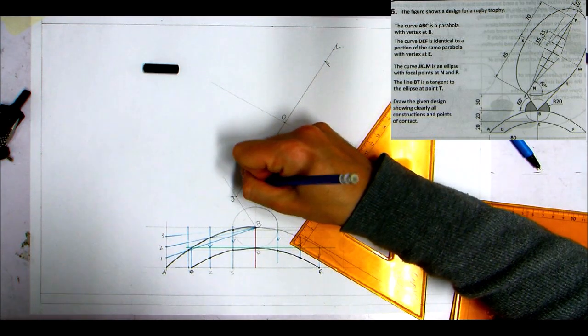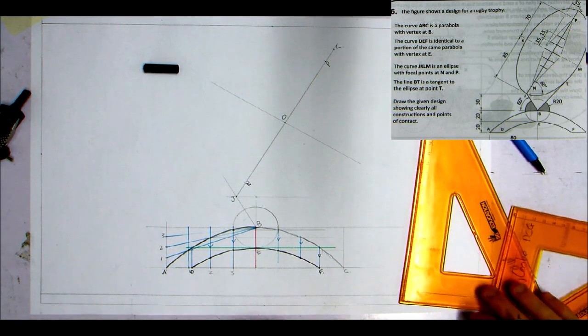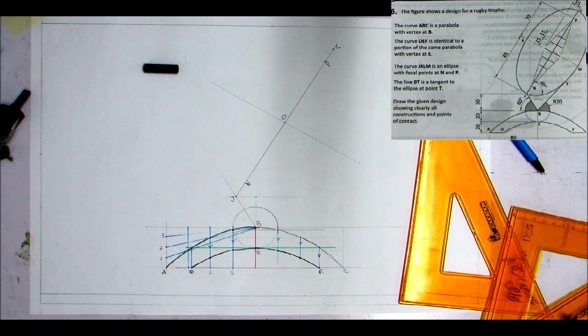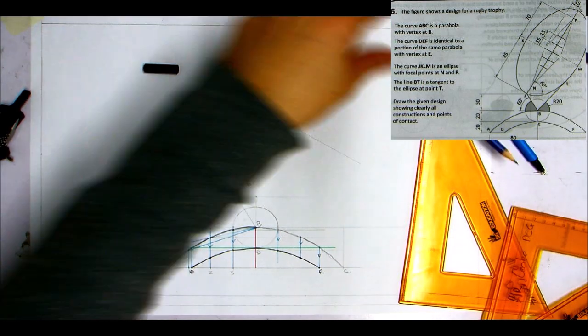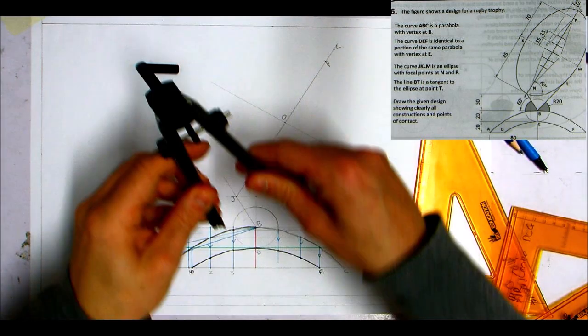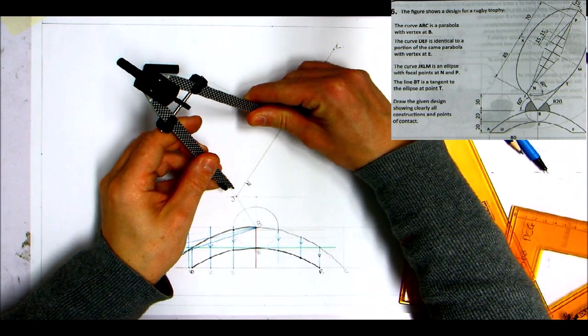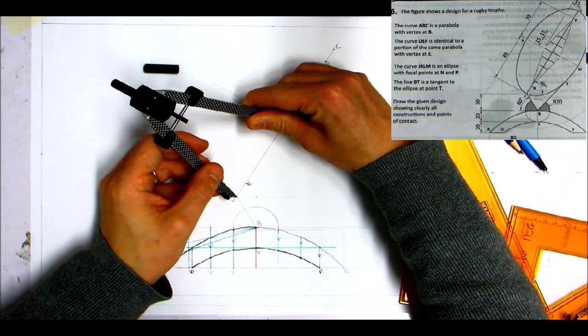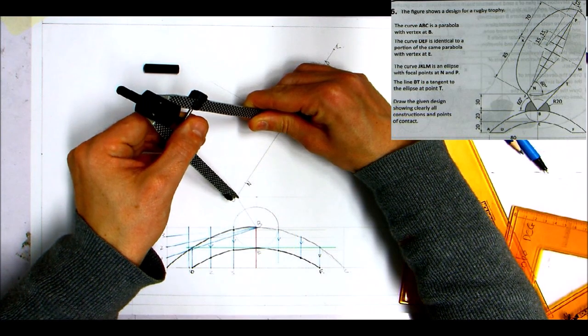Now, what's our rule? Our algebraic equation. We need the minor axis, the major axis, to find the focal points. In this scenario, we don't have the minor axis, but we have the major axis and we have the focal points. So how do I combine them to find my minor axis? Half the major from the minor gives you your focal points, doesn't it?